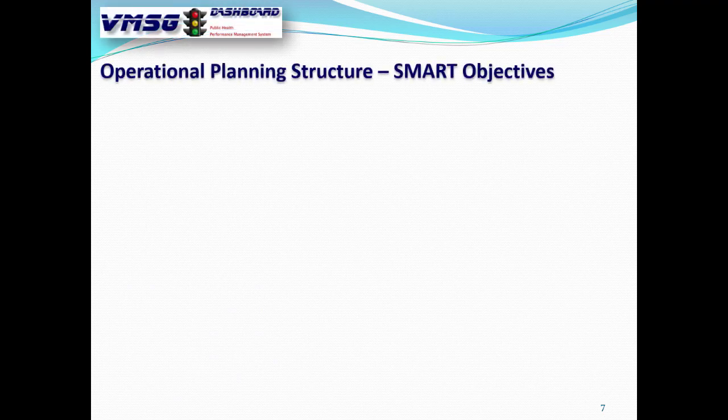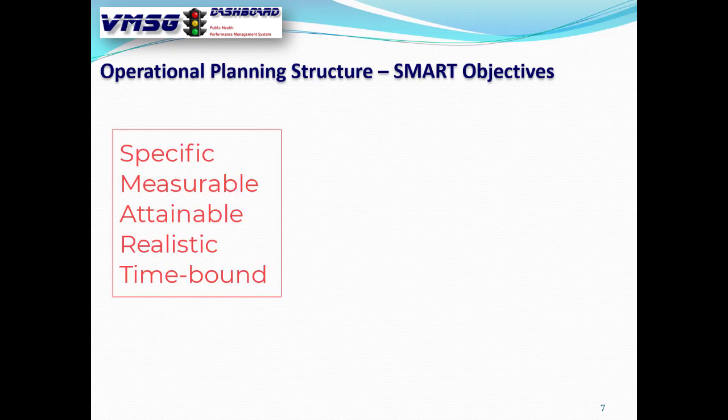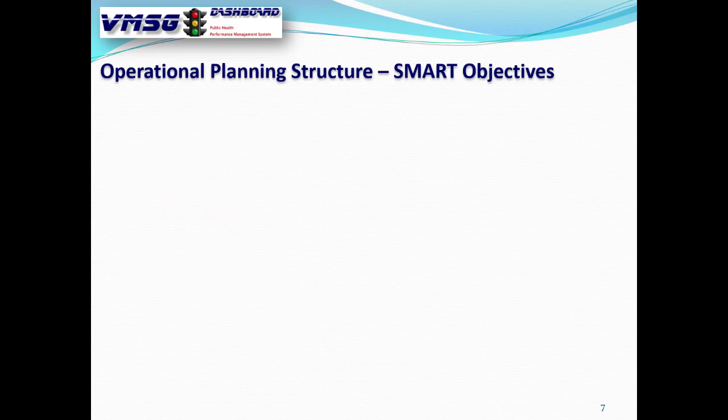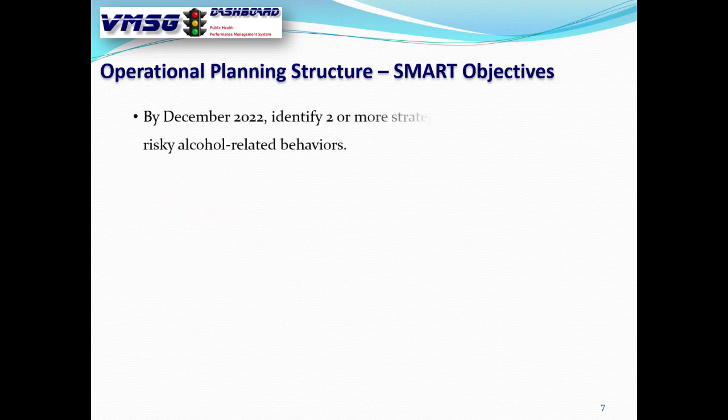Each goal will have a specific set of measurable objectives. What is the specific target? Objectives are typically SMART: specific, measurable, attainable, realistic, and time-bound. Here are some real examples of SMART objectives.